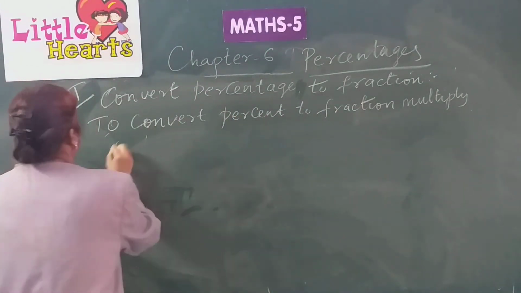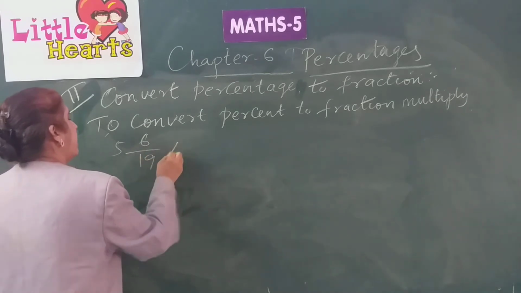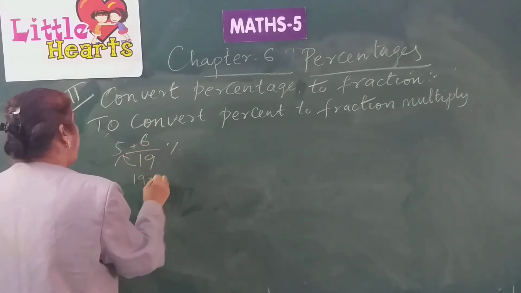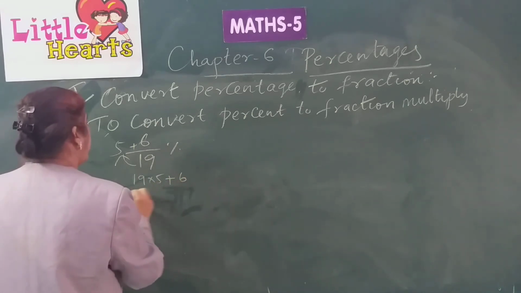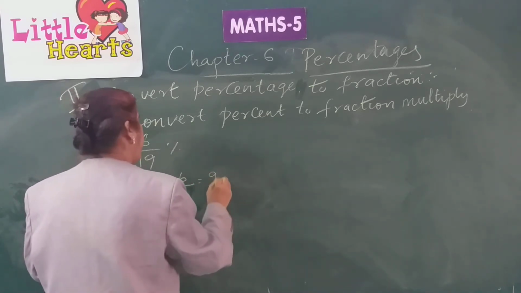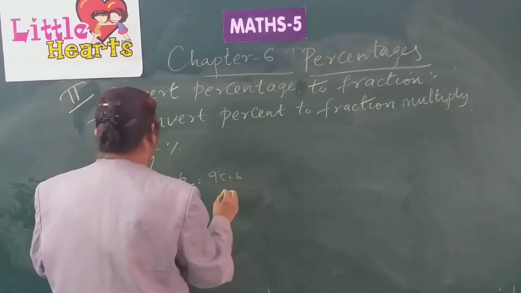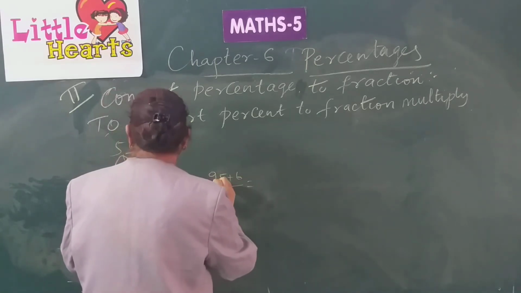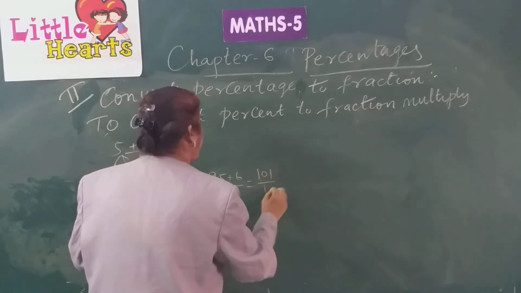5 6 by 19%. 19 into 5 plus 6 by 19. 19 5s are 95 plus 6 by 19. So 95 plus 6 is 101 by 19.